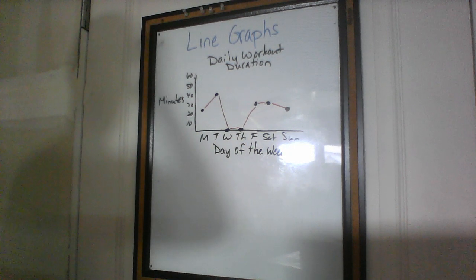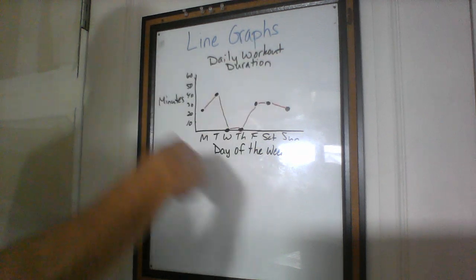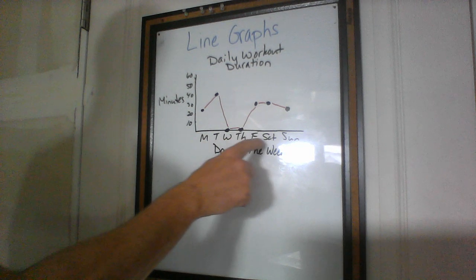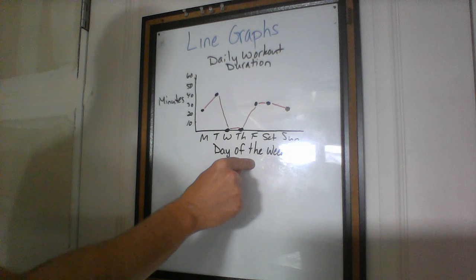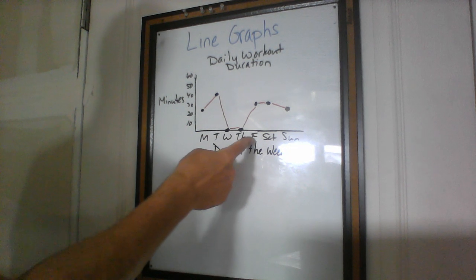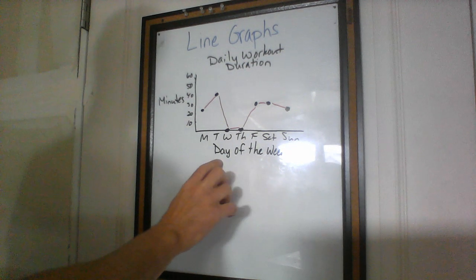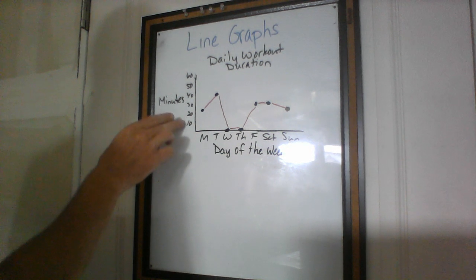The big thing with line graphs, again, is to have all your information on there. The title of the entire graph, what it is covering, the information on your x-axis, the information on the y-axis, and then the titles of those. If I have M, T, W, T, H, I can probably figure out what it is, but get that title on there. Same thing here.